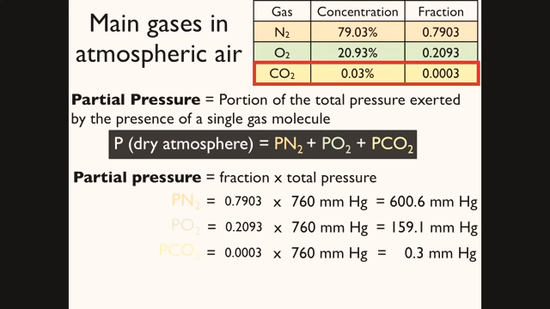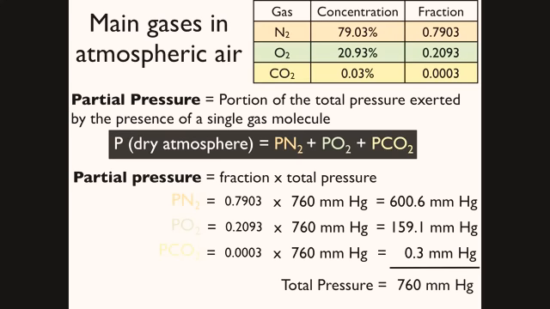Now, if you add up all of these three partial pressures, so PN2 plus PO2 plus PCO2, you're going to get a total pressure of 760 millimeters of mercury, which is what total pressure is at sea level.